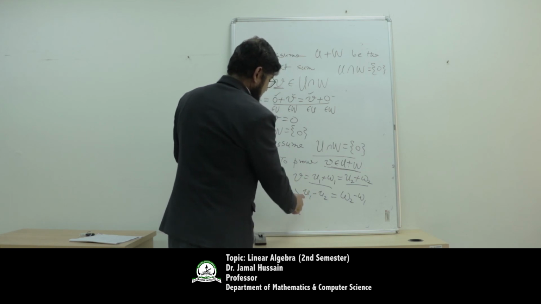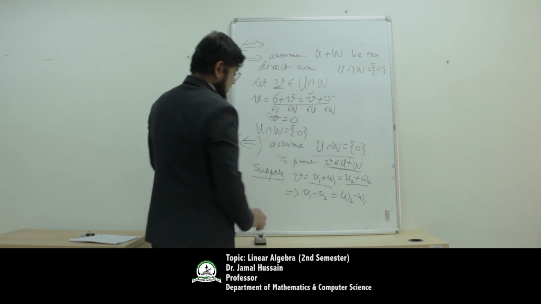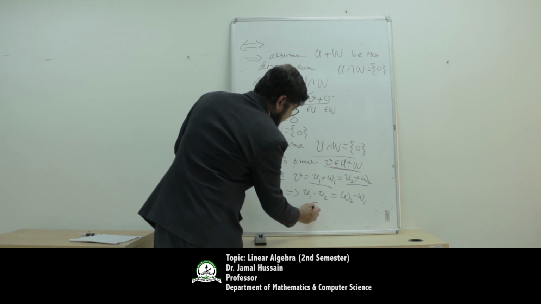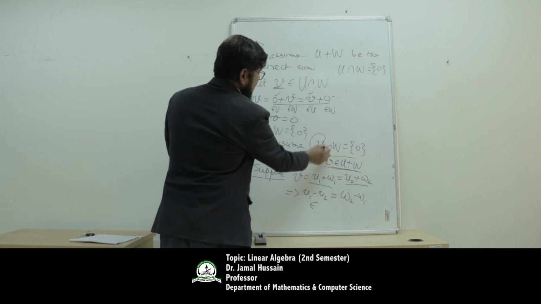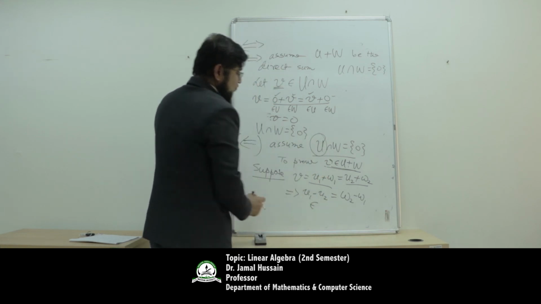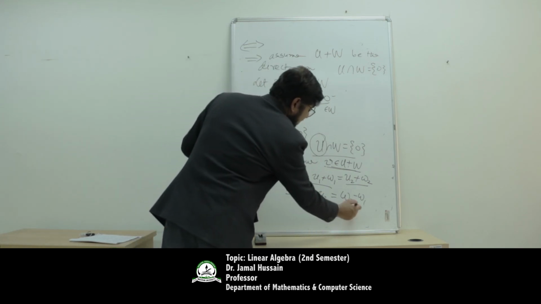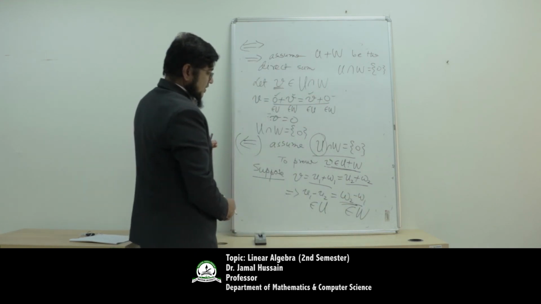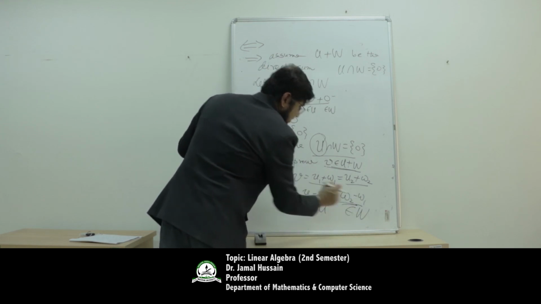But then if these two are the same, and this element belongs to where? This element belongs to, because both U1 and U2 belong to U, the first set, their combination U1 plus minus U2, by closure property of addition, belongs to U. Similarly, this belongs to W. Okay. So these two are the same and they belong to U as well as W.